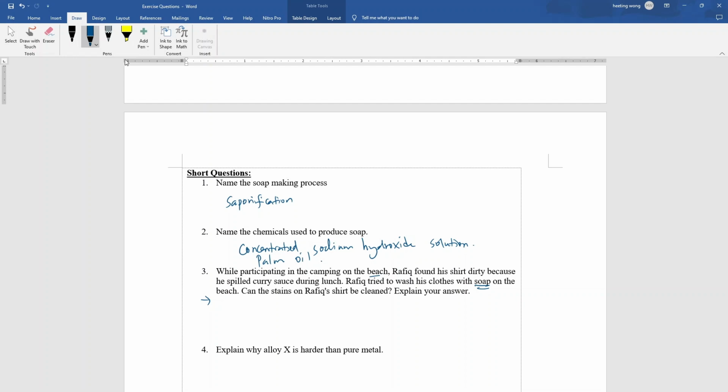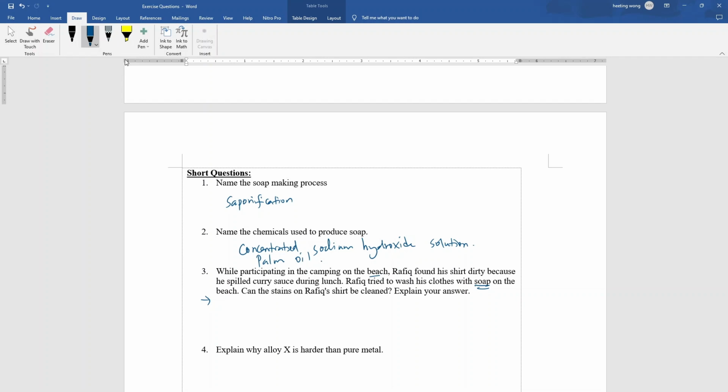Seawater is hard water, right? It contains calcium ions and magnesium ions.